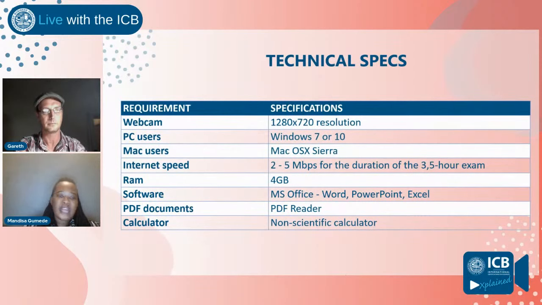So without all of that, we can't invigilate, and we certainly won't be able to verify your identity. And unfortunately, that will be a cause for an immediate disqualification of your exam. Hence, it's super important that you ensure that we have access to your camera.